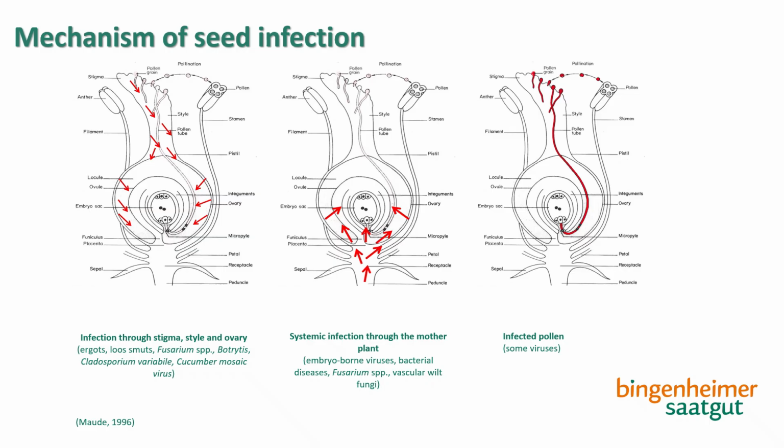As I mentioned, they can transmit the pathogen into the embryo, and these are, for example, some embryo-borne viruses, also some bacterial diseases, Fusarium species, but also vascular wilt fungi, like, for example, Verticillium. And then the pathogen can also be transmitted via infected pollen, and this is a known pathway for some viruses.